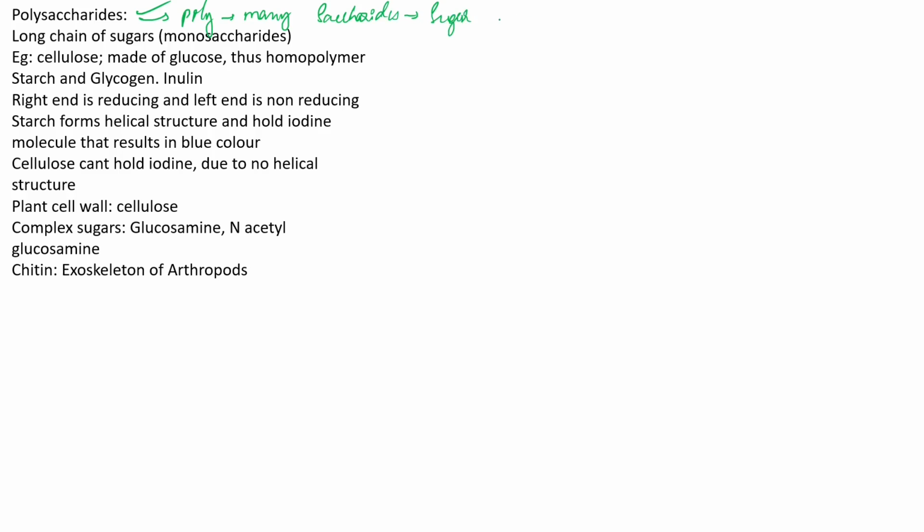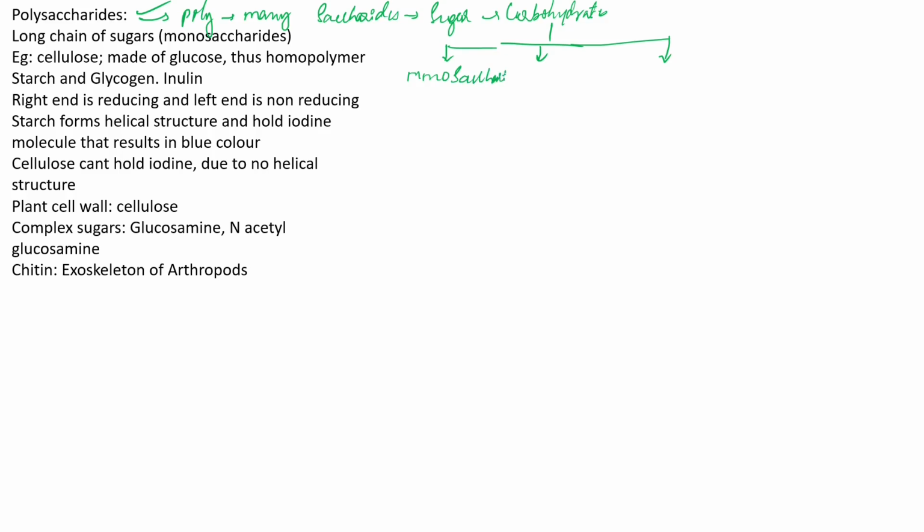Polysaccharides are actually a group of carbohydrates, remember. Now, carbohydrates we can classify into three broad categories. The first one is monosaccharides.